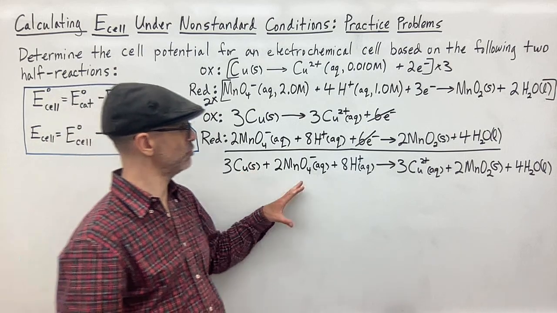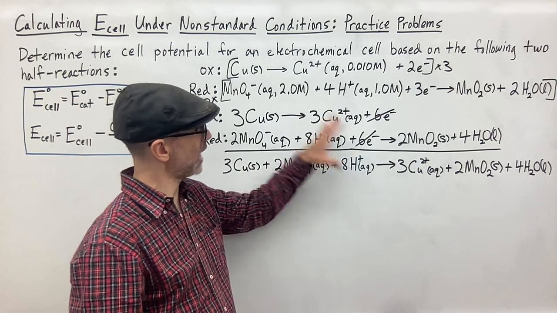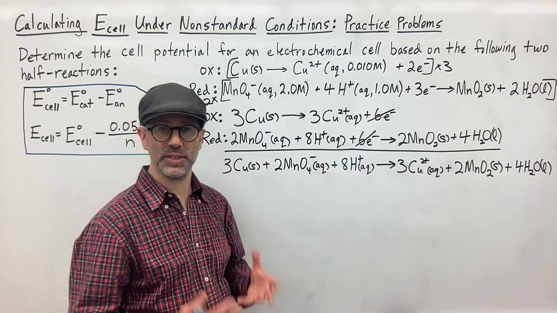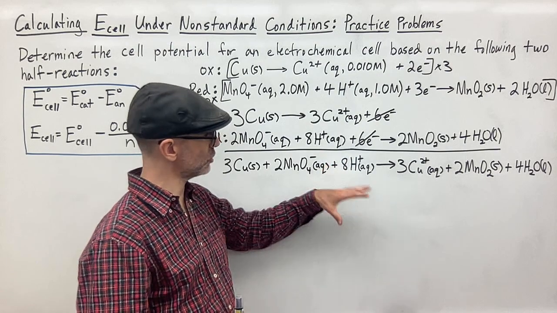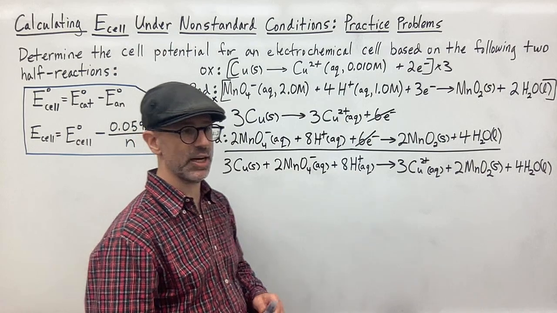So we're going to use our tabulated electrode potentials to figure out the cell potential of this reaction here.